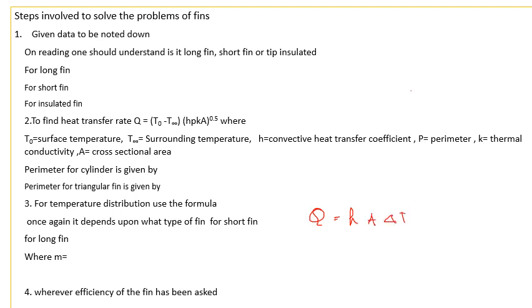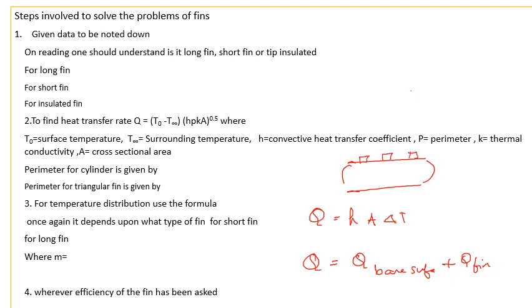And if it is asked with the fin, I have to go with Q of the bare surface plus Q with the fin, because the fin is not covering the entire surface. If I have a motor and a fin on the body, it is not entirely covered.